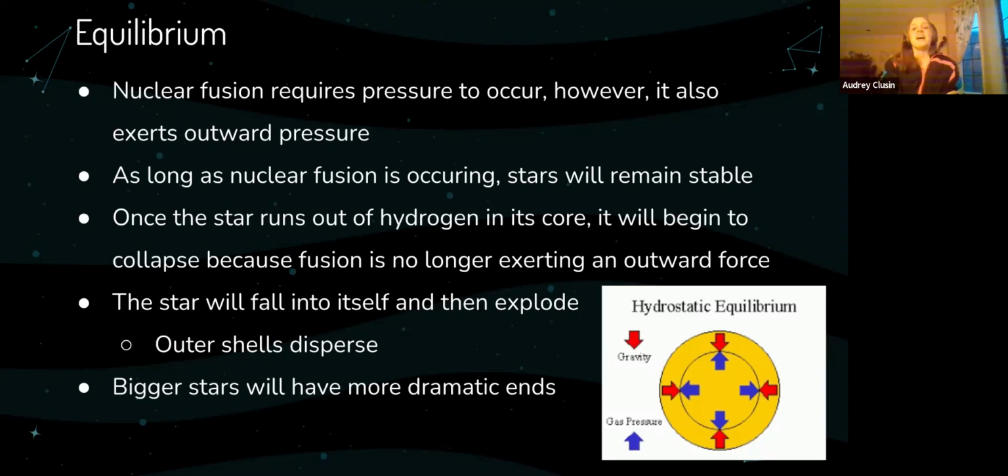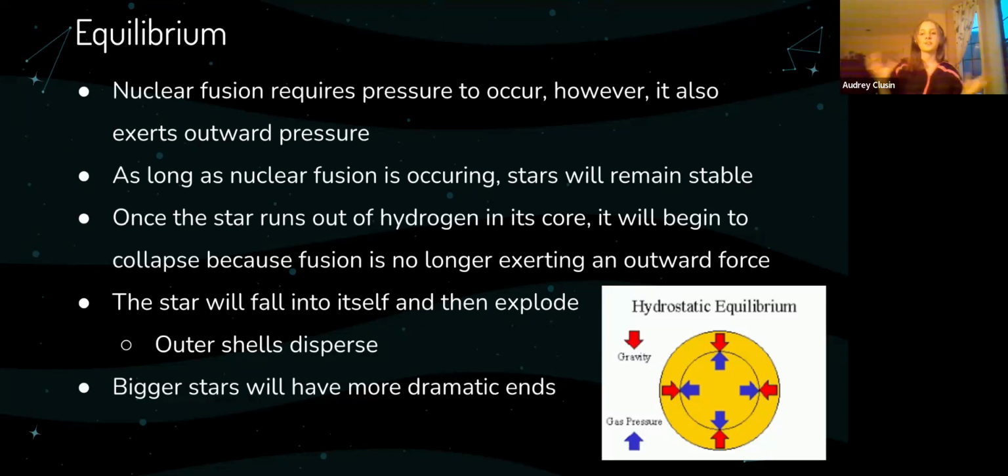Nuclear fusion requires pressure to occur, but it also exerts an outward pressure. Once fusion isn't going on anymore, the star will start to collapse. Once it runs out of hydrogen in its core, it will begin to collapse because no more fusion is happening.